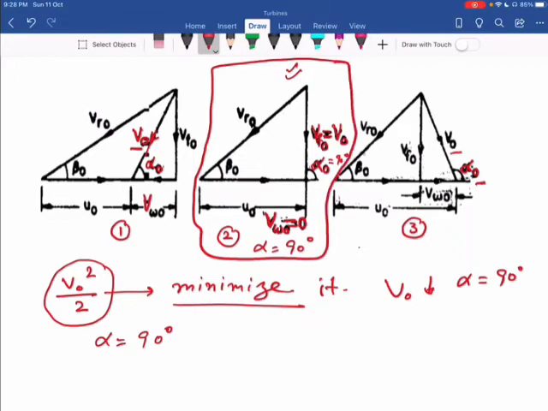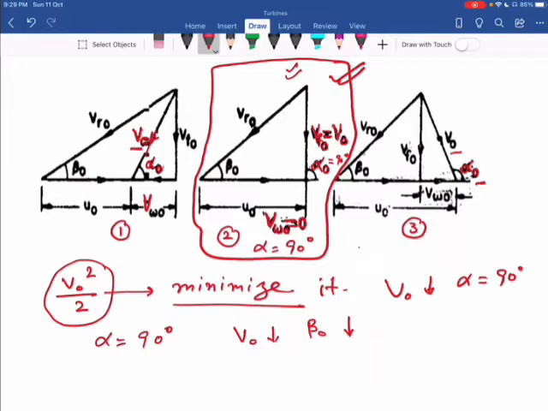Okay. So to minimize the value of VO, I have to select the second velocity triangle when angle alpha O is equal to 90 degree. Now further in the second triangle, you can see we can further reduce the value of VO if we reduce the value of beta O. Okay.